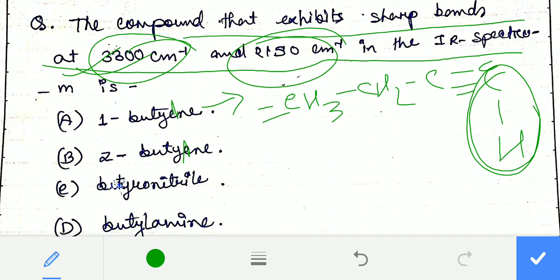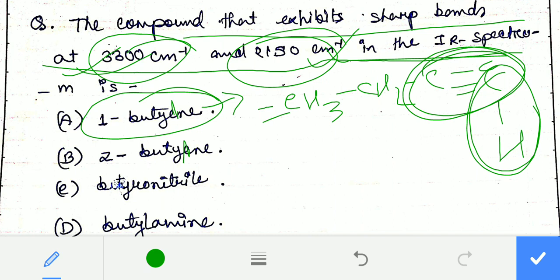From that we can assume that the compound may be 1-butyne. Also it is given that 2150 per centimeter in the IR spectrum region. Also for this C triple bond C group, a sharp band in the IR spectrum occurs nearly at 2150. From these two values we can assume that the compound may be 1-butyne.